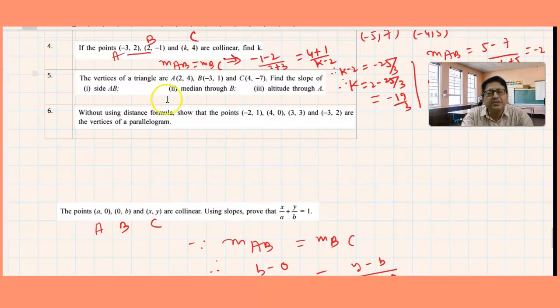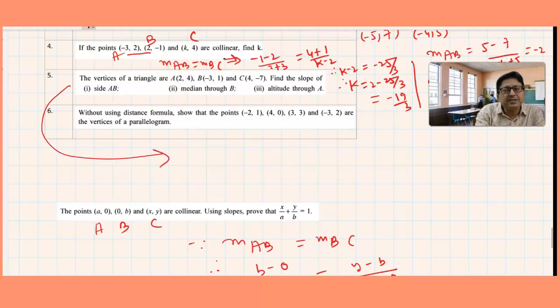Now another kind of question also may arise. The vertices of a triangle are given, find the slope of, I am just solving one part for you. This is say (2, 4). This is (minus 3, 1), and this point is (4, minus 7).